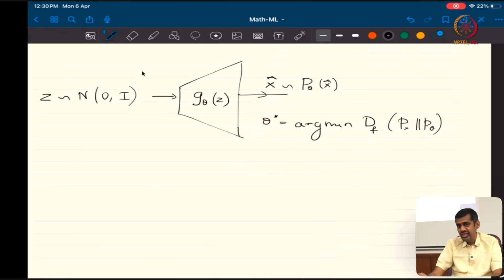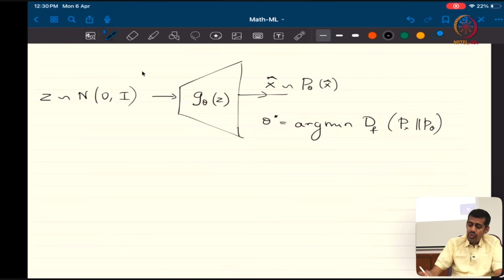Now, KL divergence also happens to be a special case of the F divergence. F divergence will give you a family of infinite divergence metrics, of which KL, forward, reverse KL, Jensen-Shannon, chi-squared, everything becomes a special member of this family.